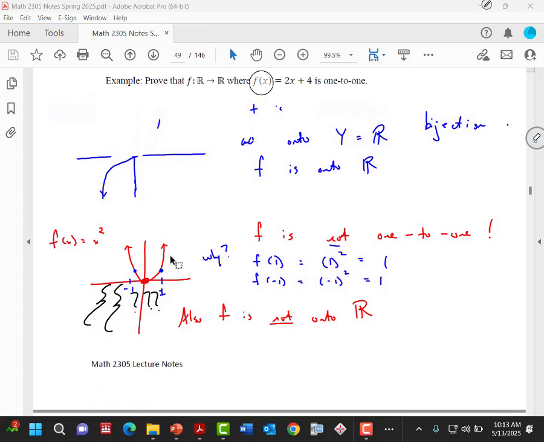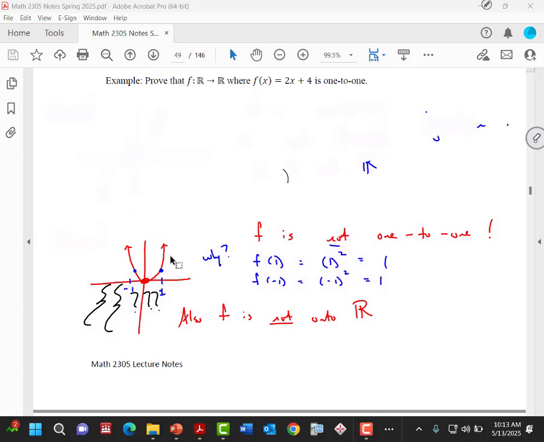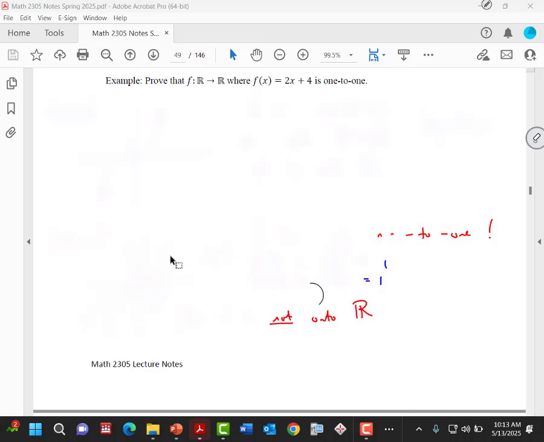I wish to prove that this function, f of x equals 2x plus 4, is 1-to-1. This is a very classic, very basic proof. So, proof.